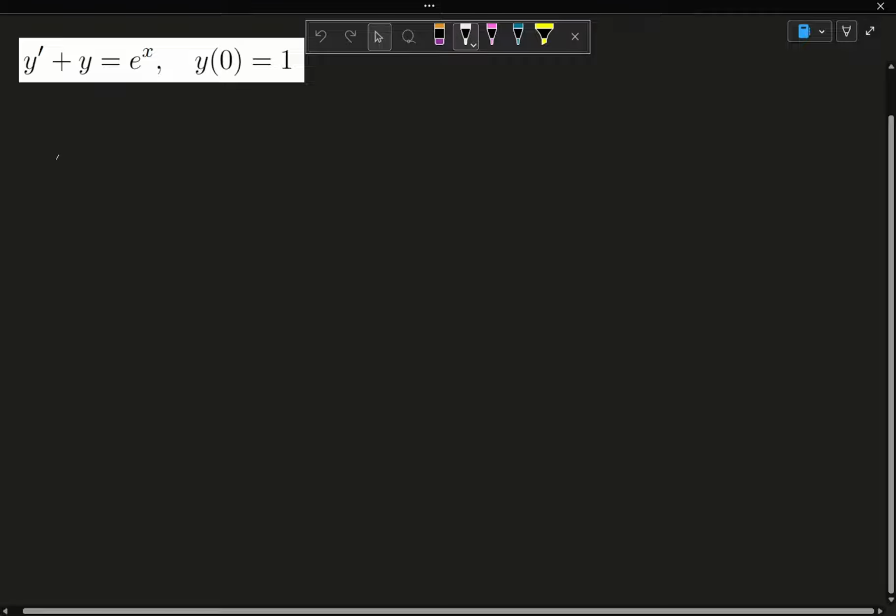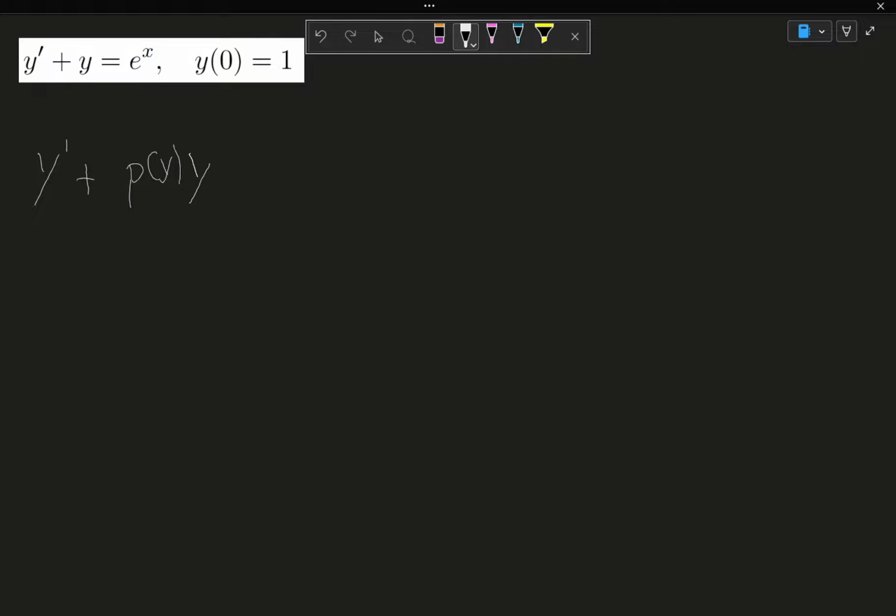So note that we can just rewrite this whole expression as y prime plus p of x y is equal to q of x. What we did is we just said that e to the power of x is equal to q of x, and right here in this expression we just add a p of x. We just multiplied with this.